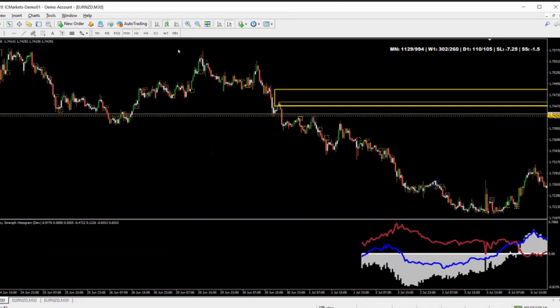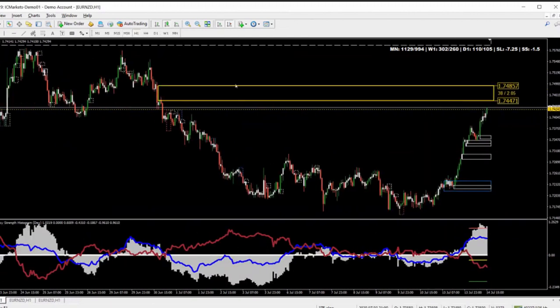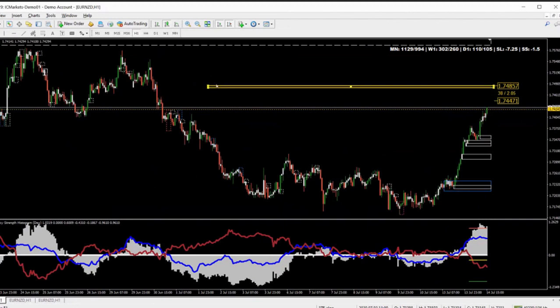So I'd normally have a look at a few different time frames just so I can get an idea of what's going on. And also, it's quite easy to overlook very important information when you're stuck on one time frame. So what I like to see is what I refer to as a flip zone, which is essentially support and resistance, where we had this area of demand, price moved higher, we established a buy zone.